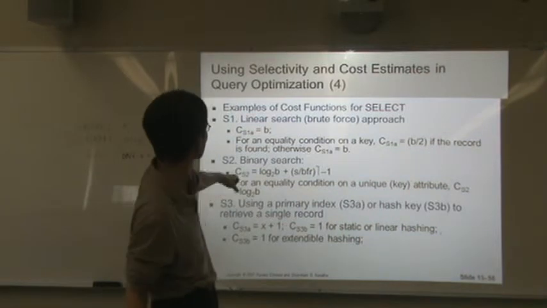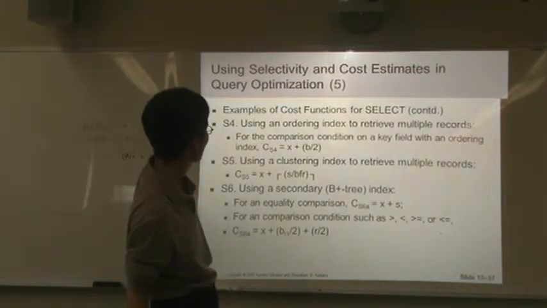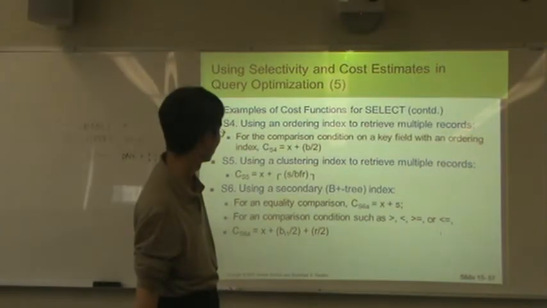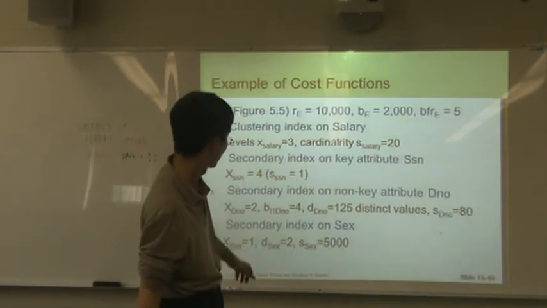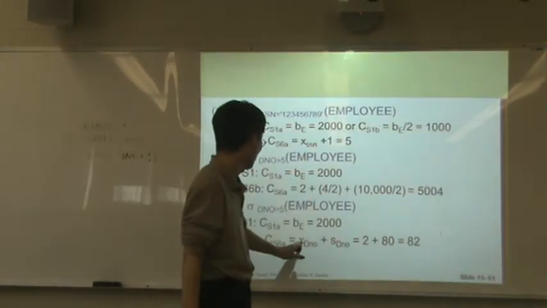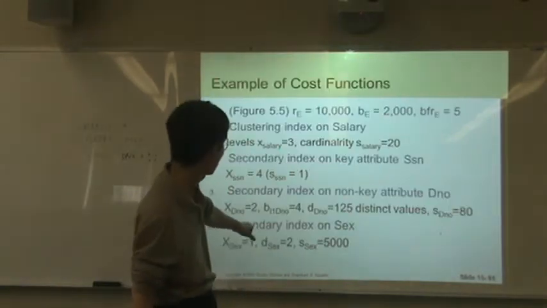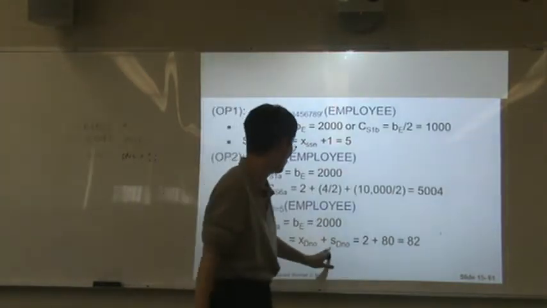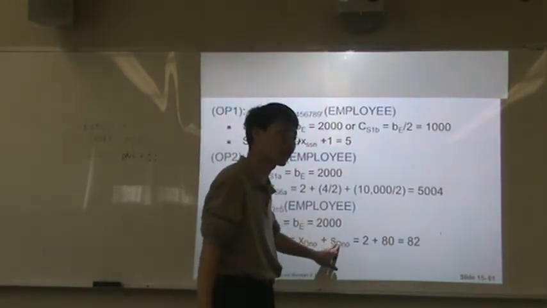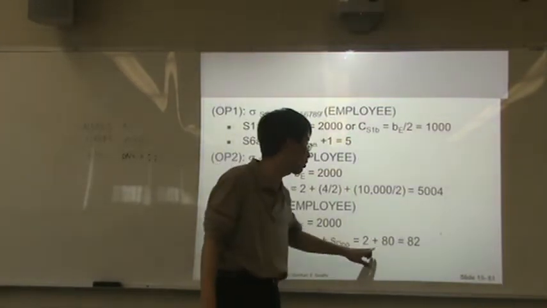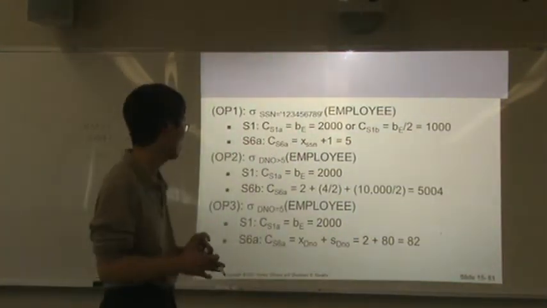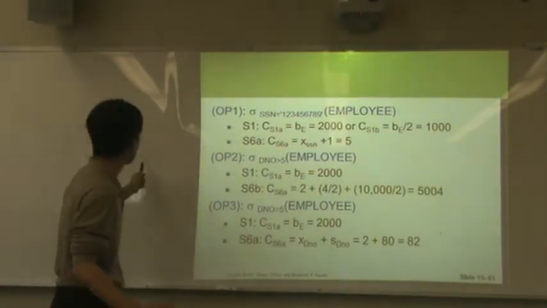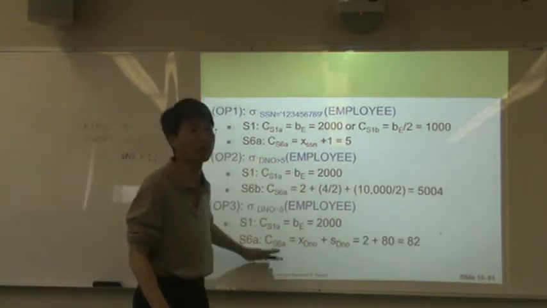Primary index, S1, linear search, binary search. By the way, DNO equal to 5 is this one, so it's just level plus 1, but the selectivity, how many data will be returned for one index value, is 80. So it's 82. Which one is faster? This one is faster, so this one will be selected. The difference is only the operation, but a huge difference.